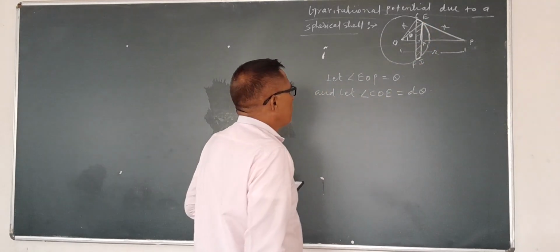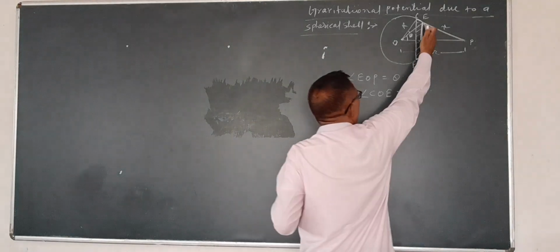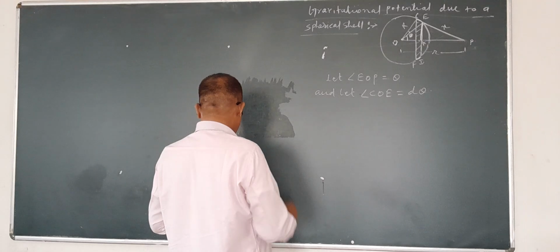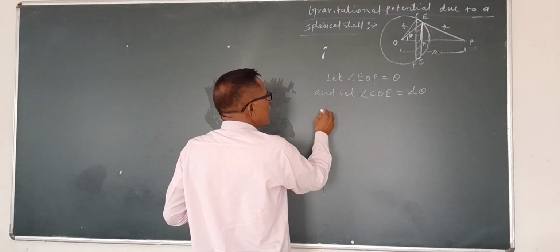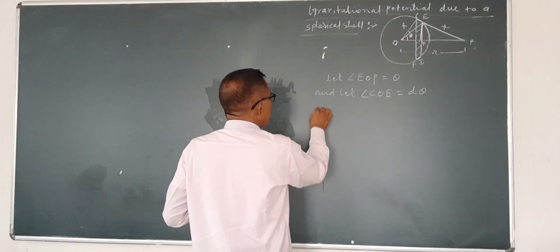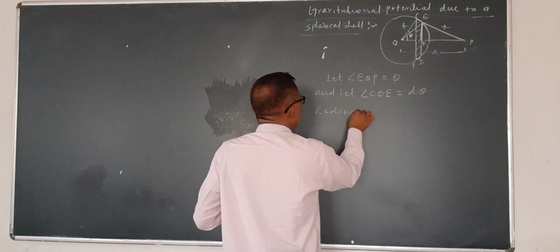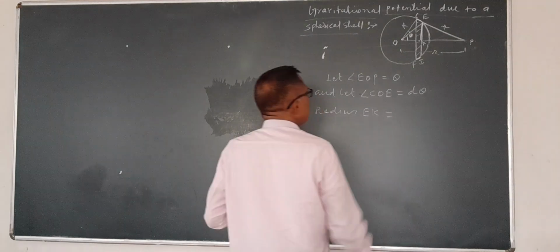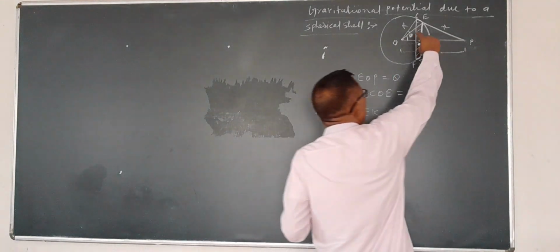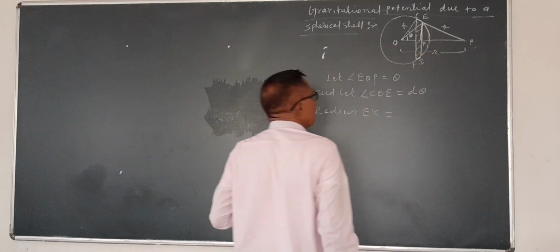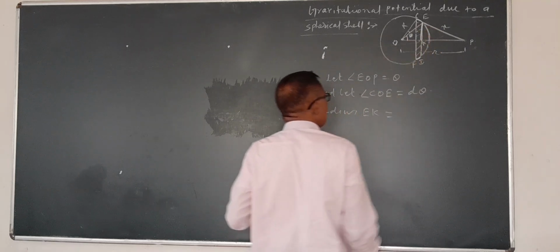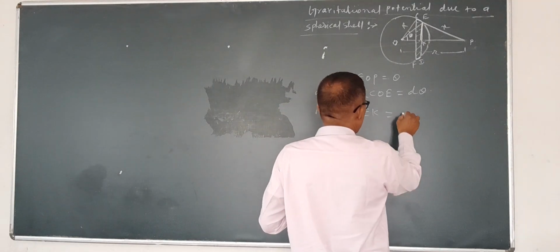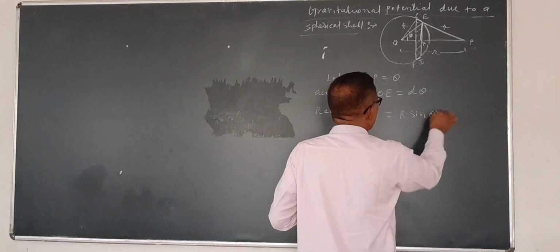Now, in triangle EOK, this EK is the radius of this slice, and it is equal to r sin theta.